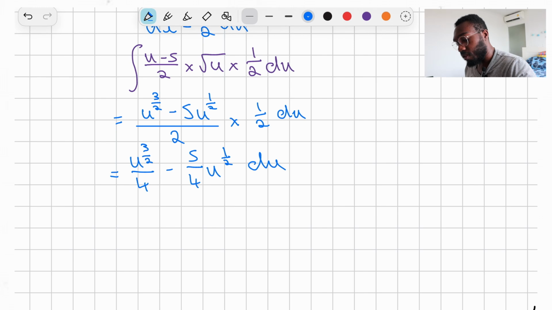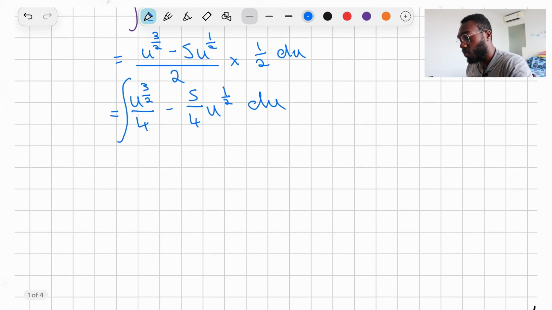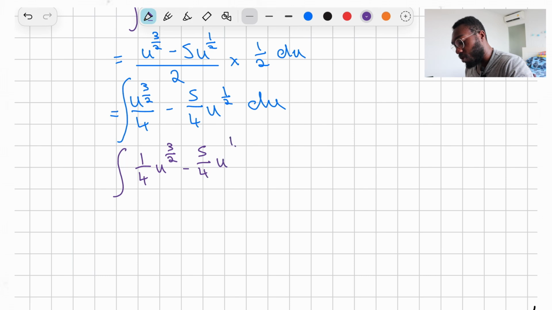Okay, this is all integrated like so. If I write this a bit better, we need to integrate 1 over 4 u to the 3 over 2 minus 5 over 4 u to the half with respect to u.